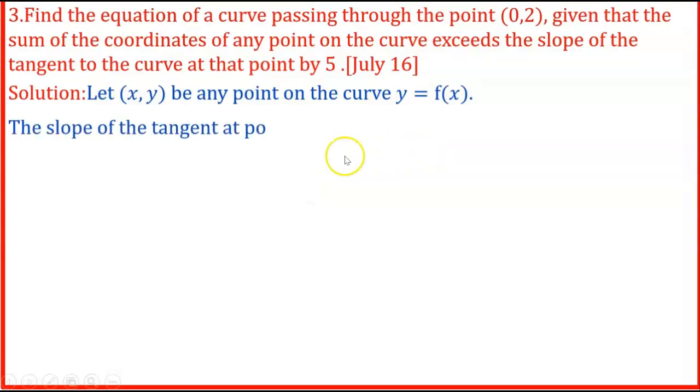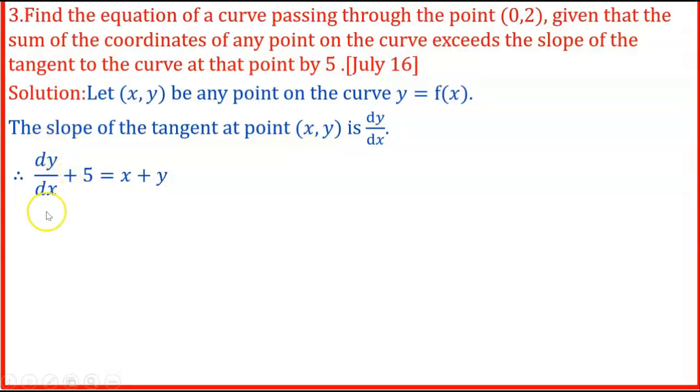The slope of the tangent at point (x, y) is dy/dx. Therefore, according to the given condition, the sum of coordinates of any point on the curve exceeds the slope of the curve at that point by 5. Means what? x + y = dy/dx + 5.